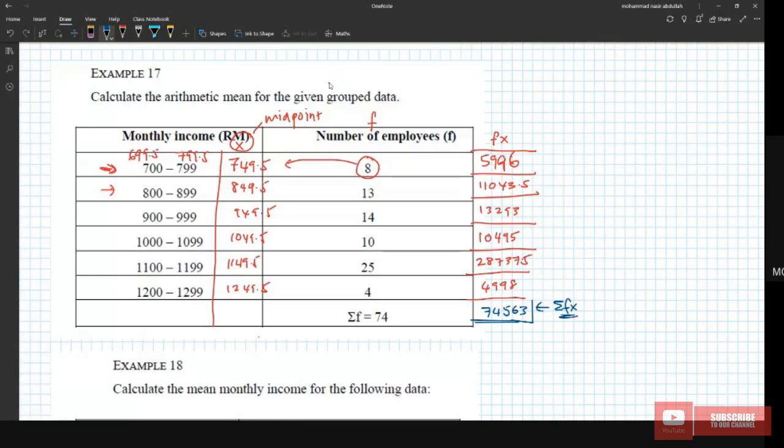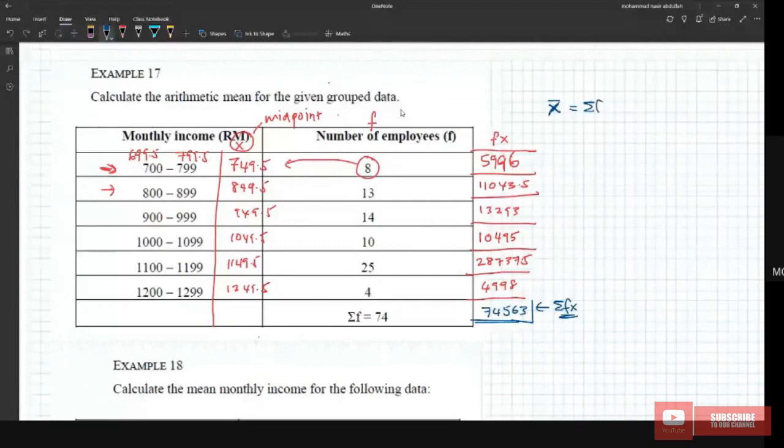Do you get the same value as I get? Yeah, good. So once you got the value, you need to plug it into the formula. The formula for mean is summation of fx divided by summation of f.